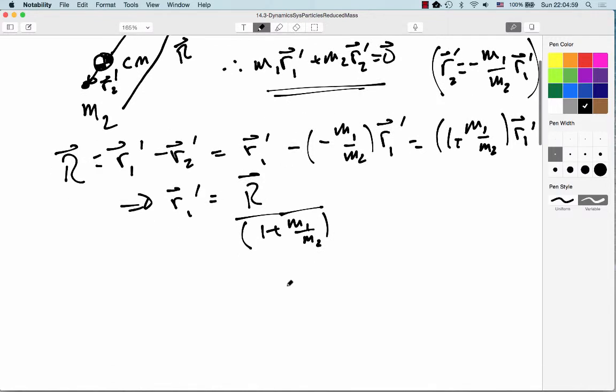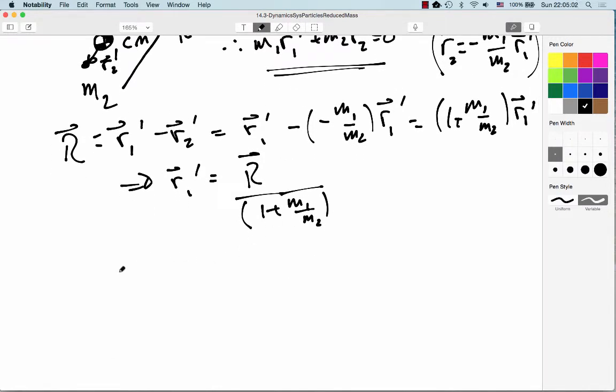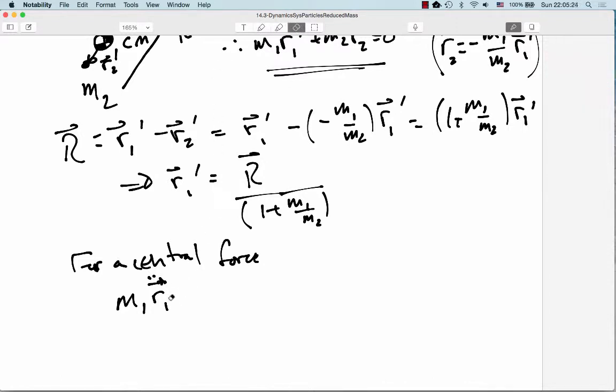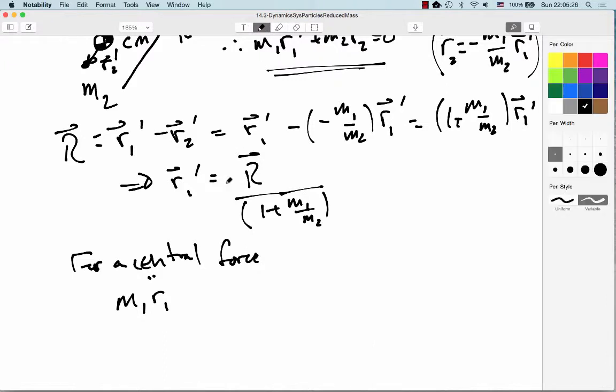Okay. So with all of that out of the way, we can now write for a central force the acceleration of the planet, m1 R1 double dot prime, because that's the distance that matters.